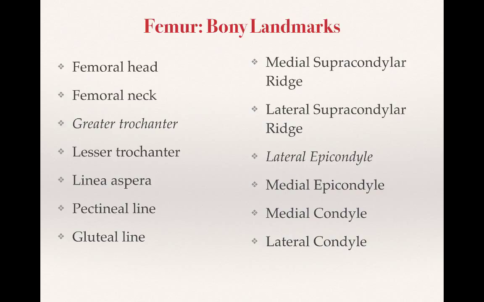So the two that are highlighted here, the greater trochanter, this is that really bony prominence that's located on the proximal lateral aspect of the femur. It's probably the easiest one to palpate because it is such a prominent bone. And sometimes it's either this one or the ASIS people are going to refer to as the hip bone. It just depends who you ask, but these two are commonly associated with the hip.